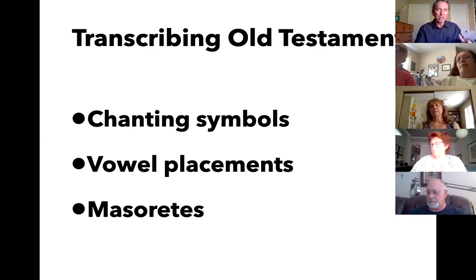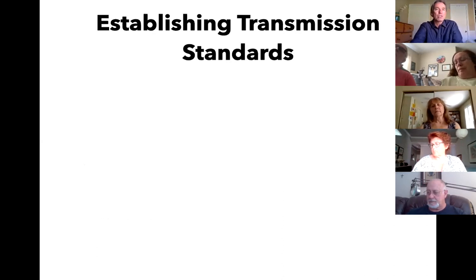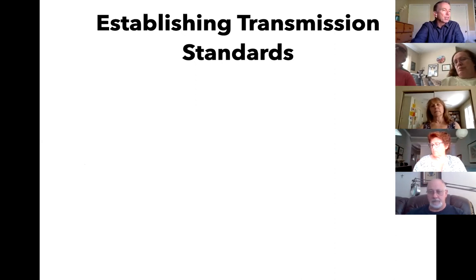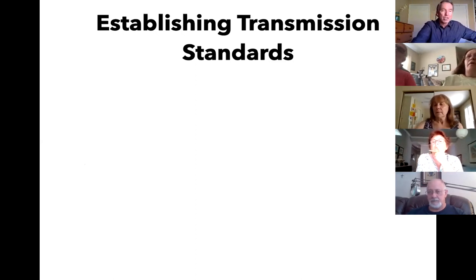Notice also, as we continue to look at these transmission standards, they were forbidden from copying scripture without a vorlage. A vorlage just simply means the manuscript that's being copied. They had to have one of those in front of them.